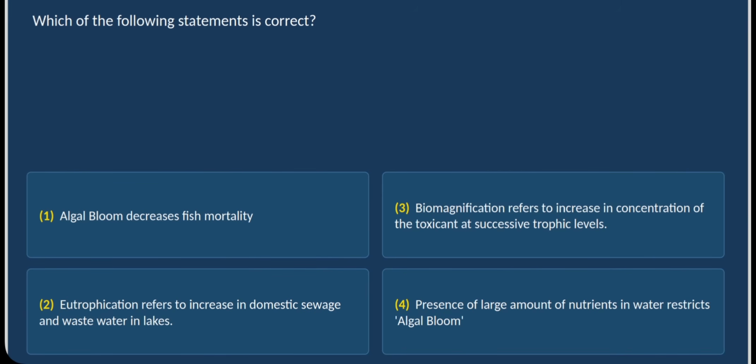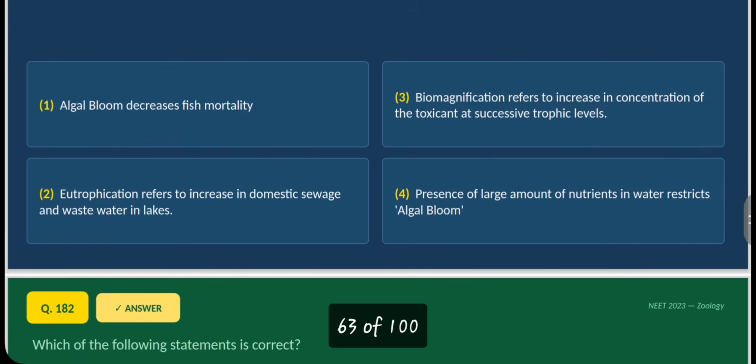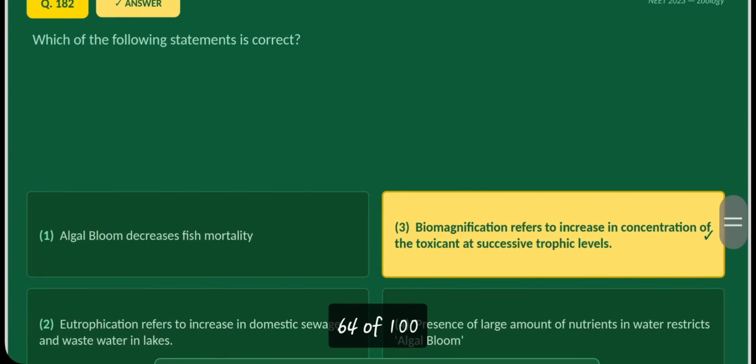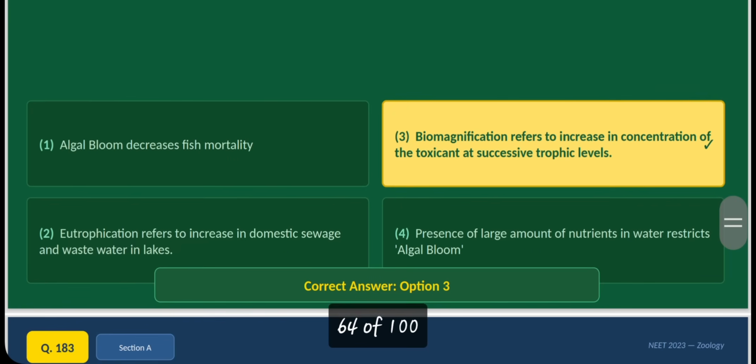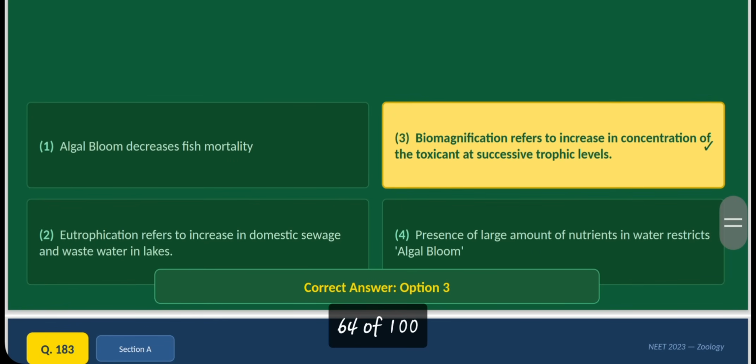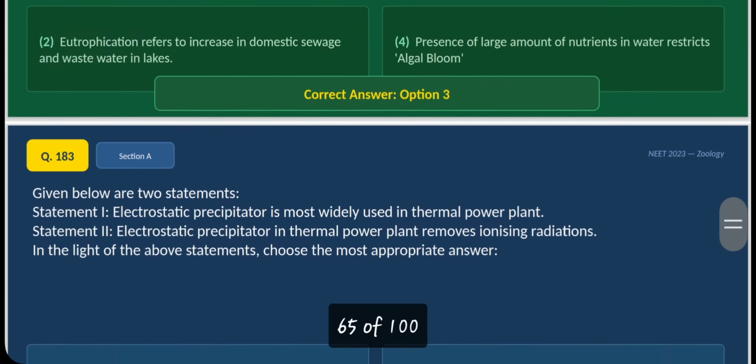Eutrophication refers to increase in domestic sewage and wastewater in lakes. Presence of large amount of nutrients in water restricts algal bloom. Fourth one is wrong. Eutrophication refers to aging of the lake. So third option is correct.